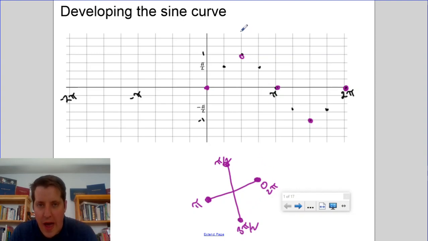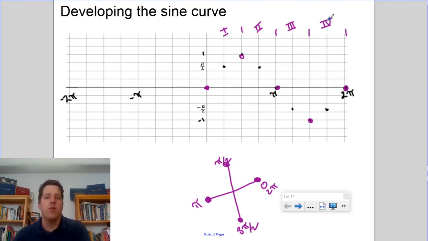On this graph, right here, and here, and here, and here, separates the x-axis of a trig graph into the 4 quadrants of a unit circle. So this would be the stuff that happens in quadrant 1 of the unit circle, quadrant 2 of the unit circle, quadrant 3 of the unit circle, and quadrant 4 of the unit circle.